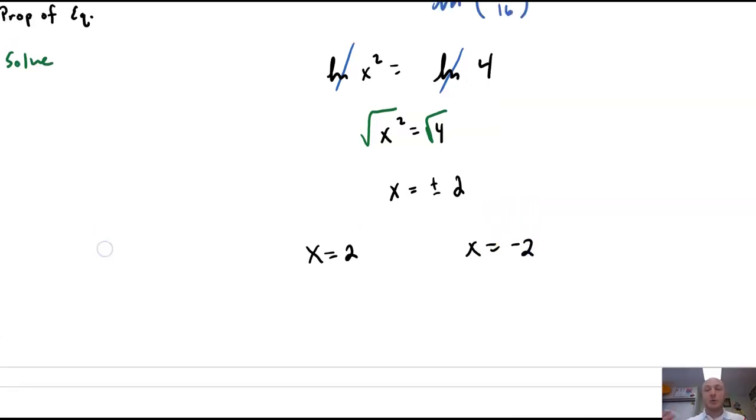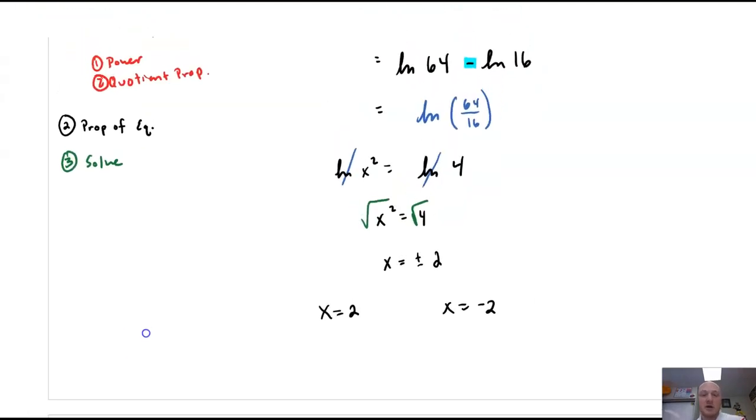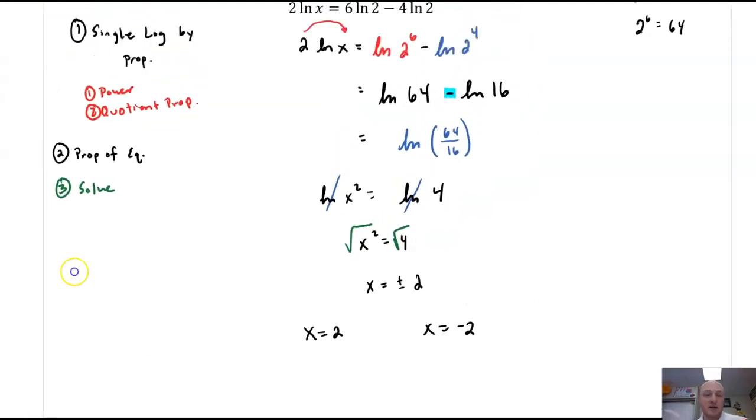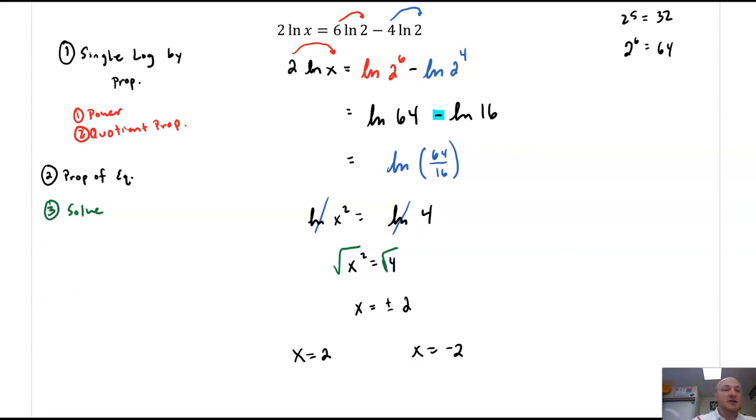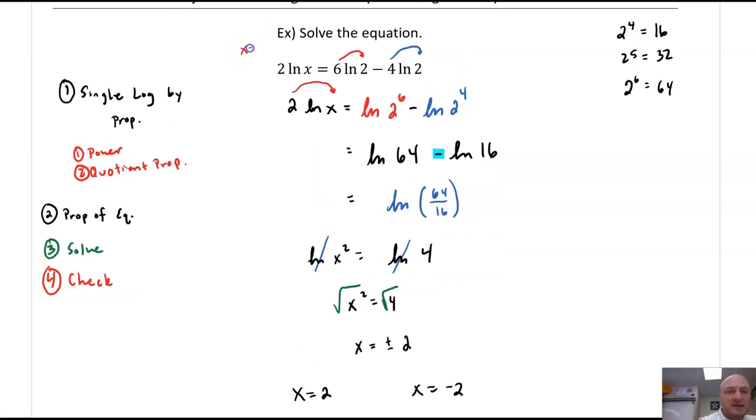At this point, this is where we have to check and see, okay, is this solution extraneous or not? And we're going to check it using our original equation up here. So I'm going to plug in x equals 2 into here. Does it make it positive? Well, yes, 2 is a positive number.